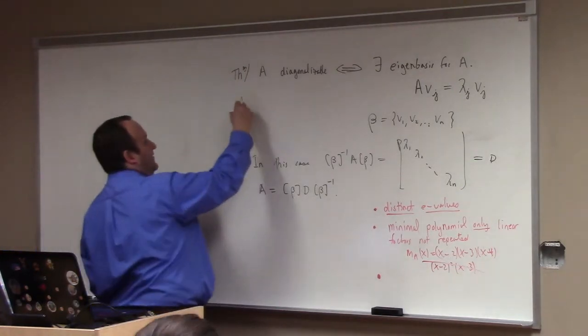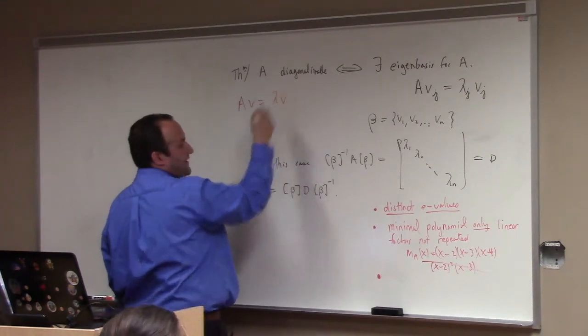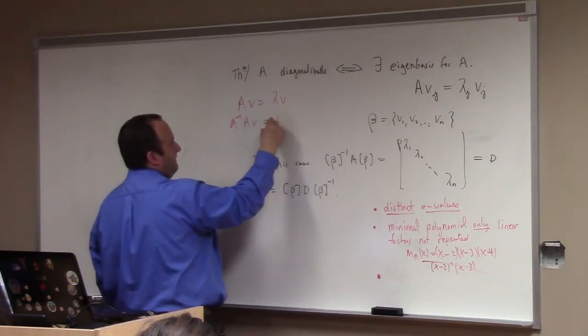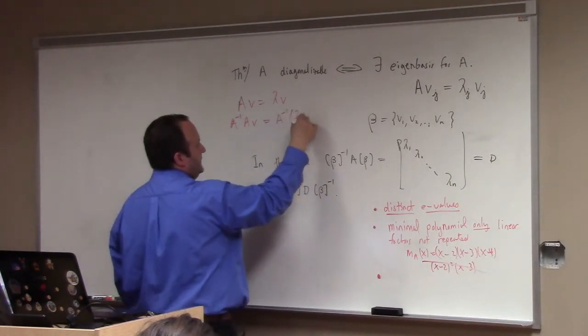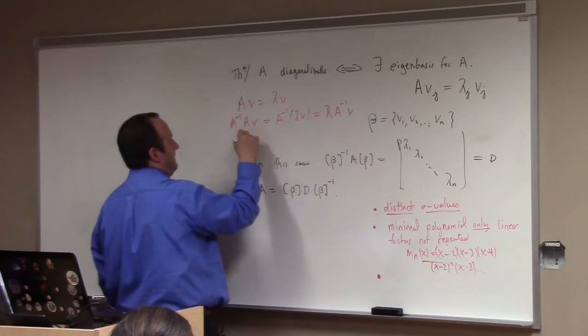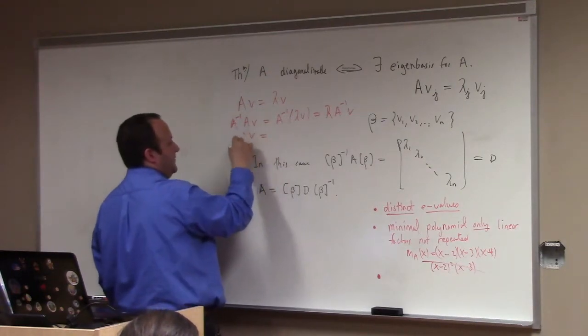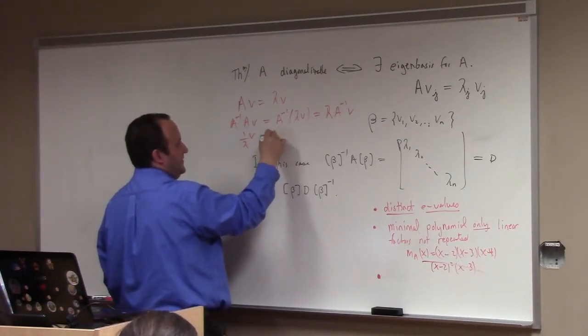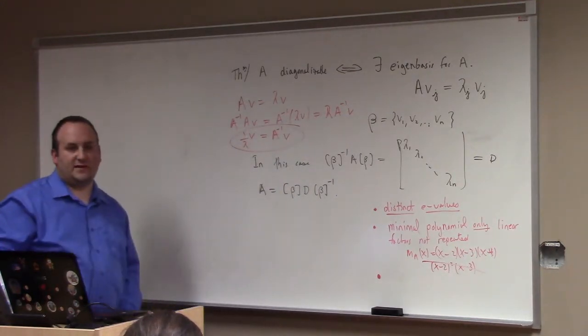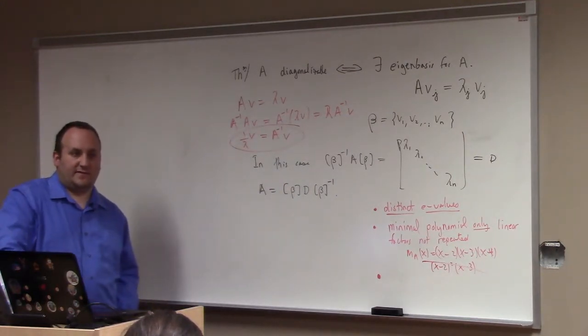If I have Av equals lambda v and A is invertible, then multiplying by the inverse, what does it give me? So 1 over lambda v equals A inverse v, right? We just proved we can divide by lambda if A is invertible.